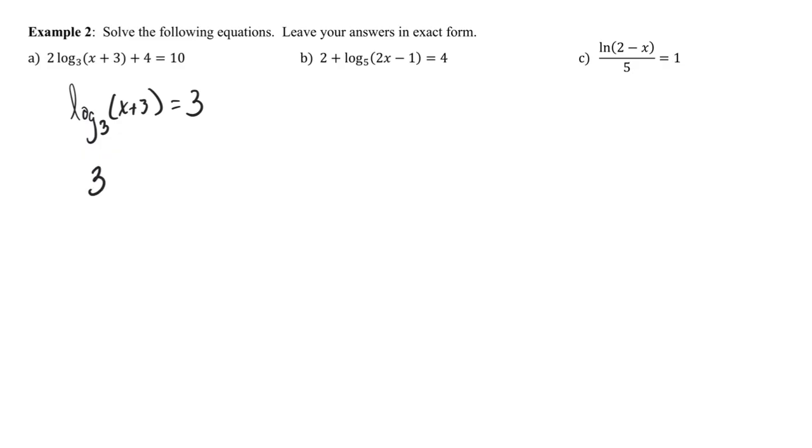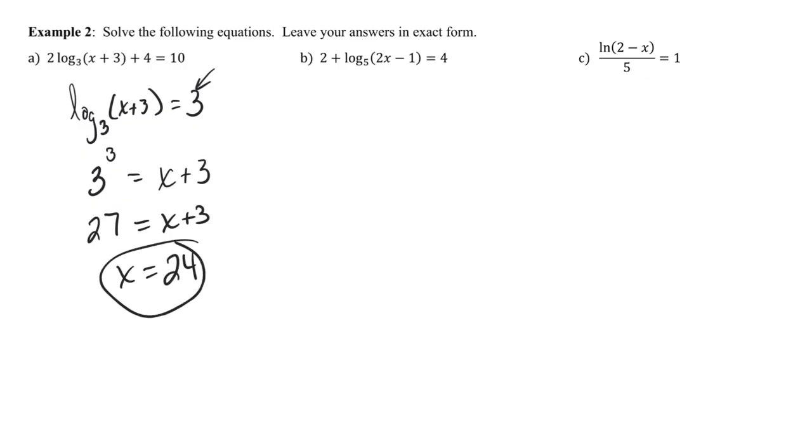Remember, logarithms are equal to exponents. So this 3 right here is the exponent. And we put the parentheses on the other side, okay? And now we can just solve that. That's 27. I subtract the 3, and I get 24. Nice and easy.